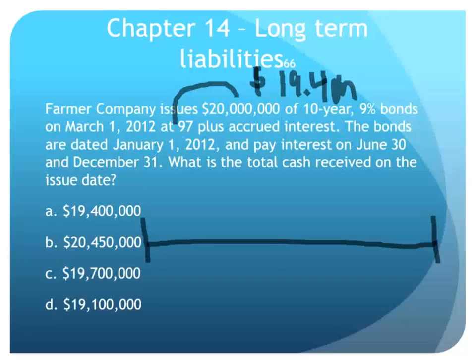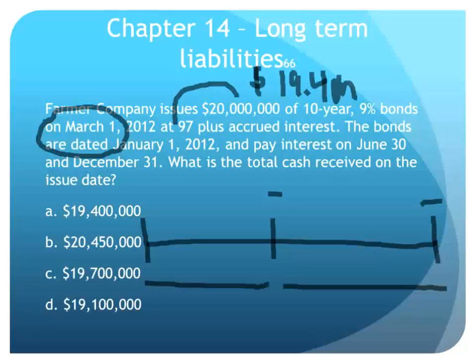Since the bond pays on June 30th and December 31st, it pays 6 months worth of interest on each of those payment dates, right? But it was issued on March 1. So the bond is going to pay 6 months worth of interest, but it really owes only 4 months.